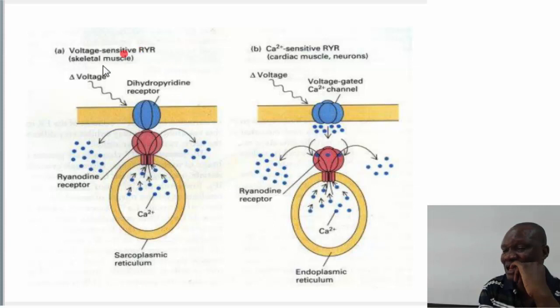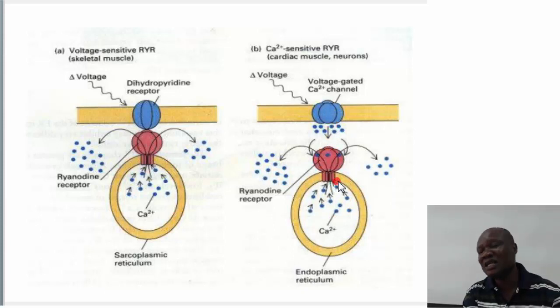That is skeletal muscle. Now, in cardiac muscle, action potential will cause a conformational change in the voltage-gated calcium channels. Calcium will then get into the cell, and in the cell, calcium will activate the ryanodine receptors.